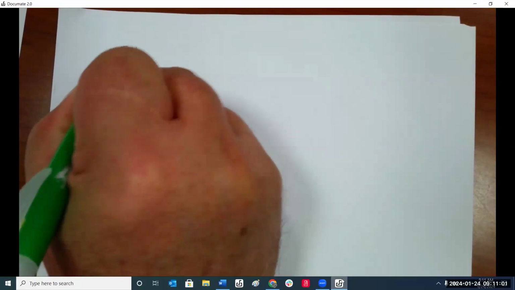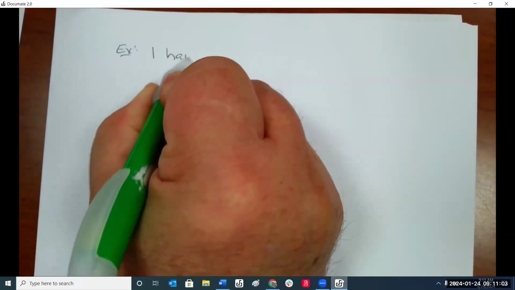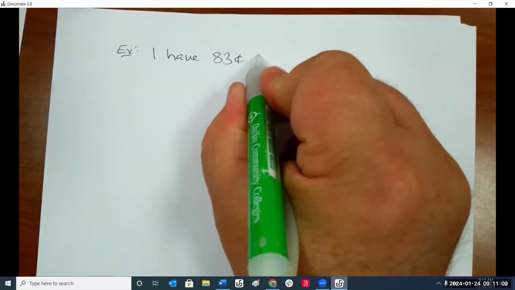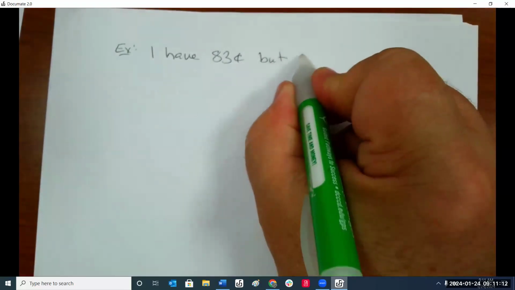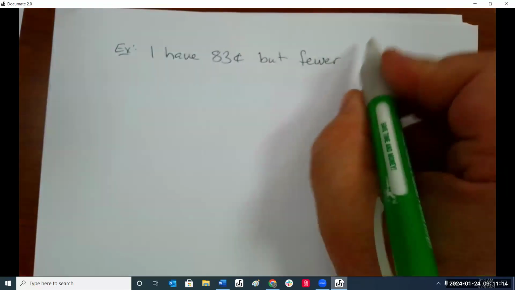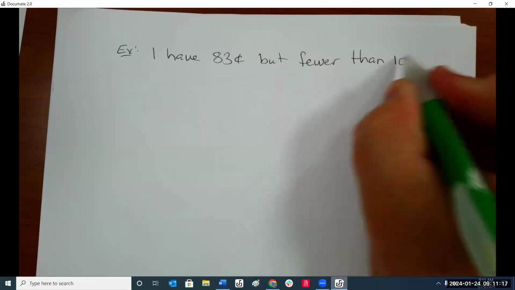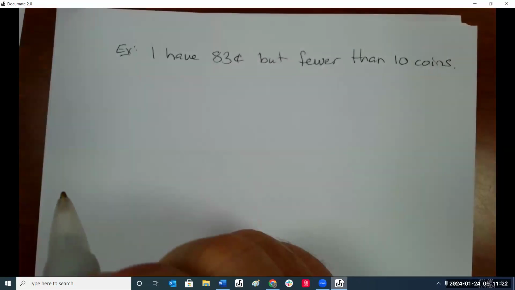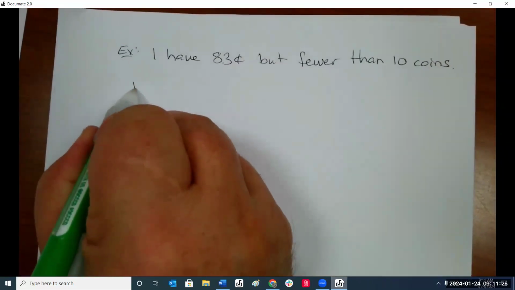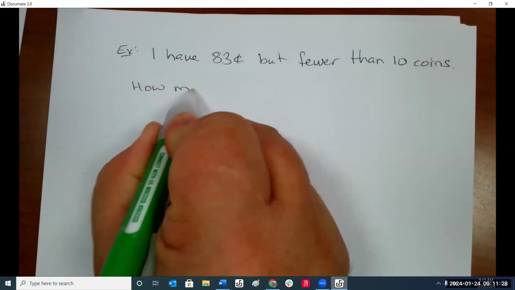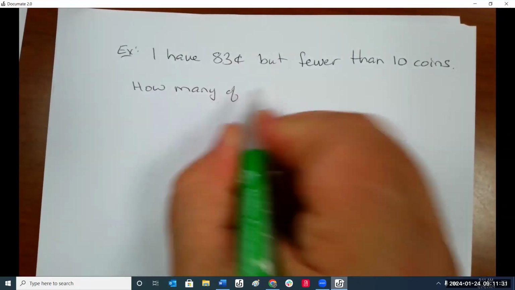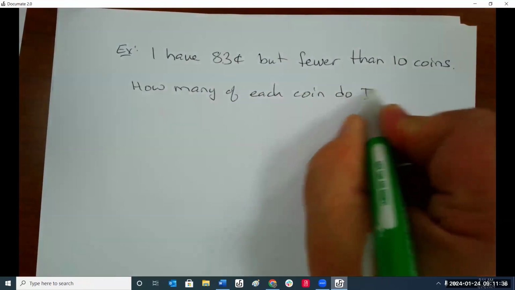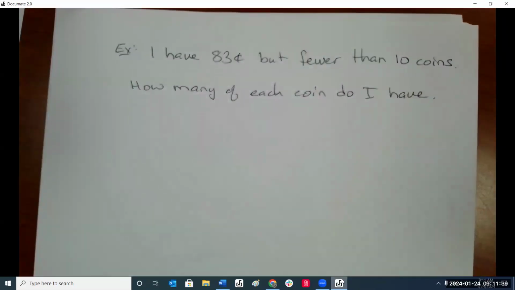Example. I have 83 cents, but fewer than 10 coins. There.